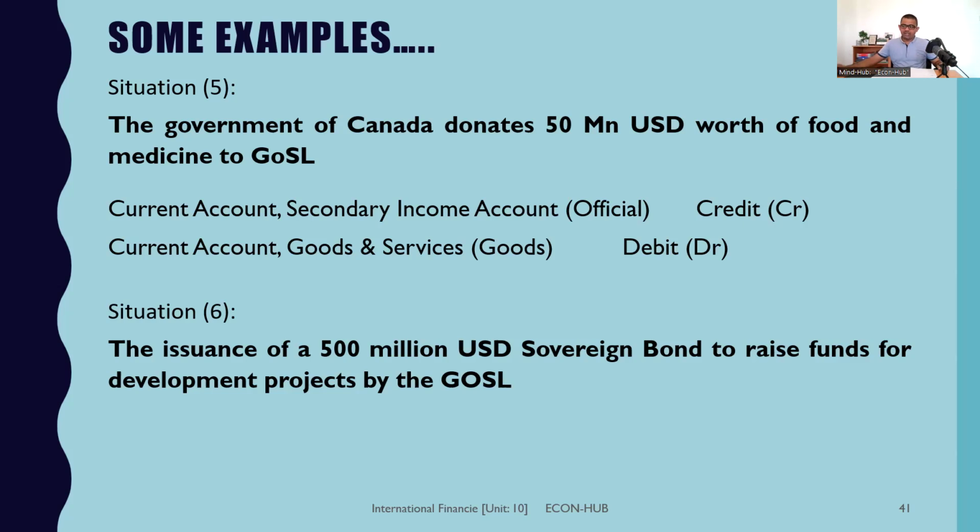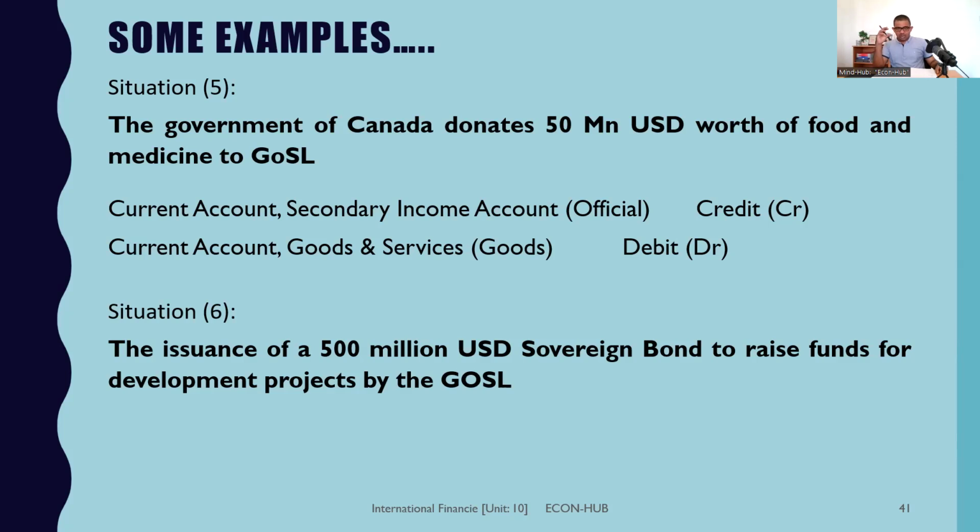First entry we are trying to figure out. What do you think? Issuance of 500 million US dollar sovereign bond. First thing I said was, this has nothing to do with the primary income account of the current account. Primary income account only talks about the interest payments, dividends, profits, then compensation of employees, those things, recurrent in nature.